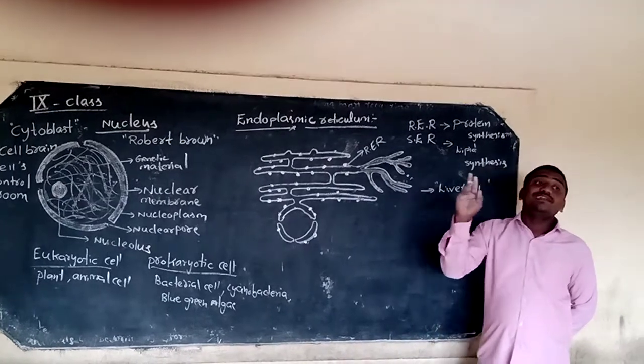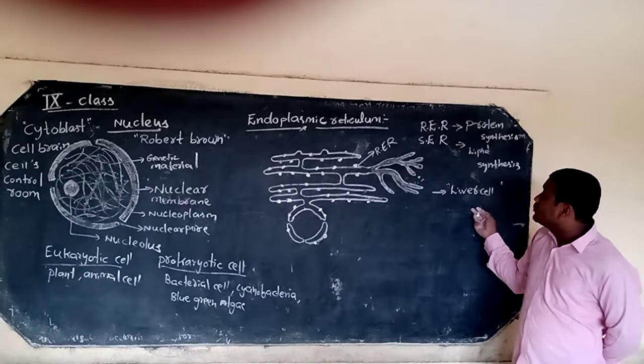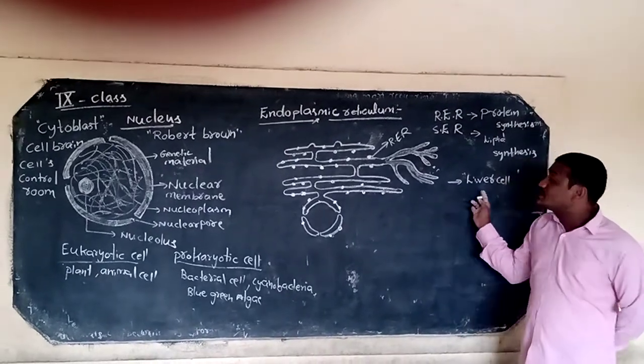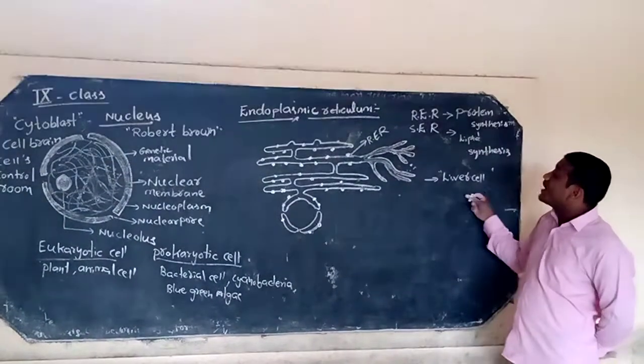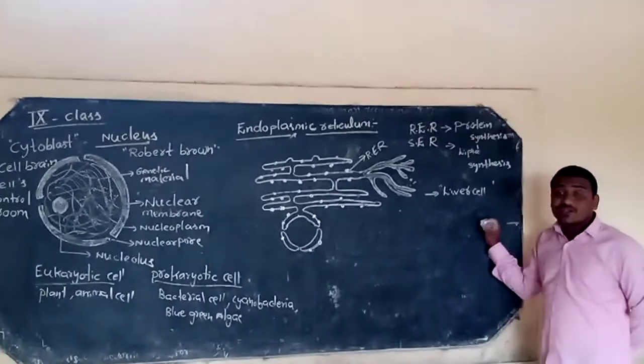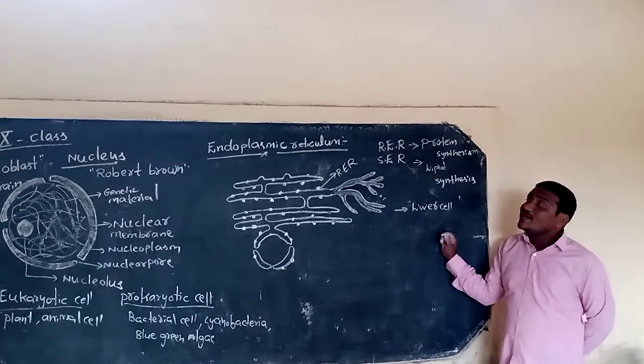Normally these accumulate on the liver surface. So the endoplasmic reticulum present in the liver cell is helpful for the detoxification of these drugs. So another function of endoplasmic reticulum is detoxification of drugs. Okay, that we have to discuss.